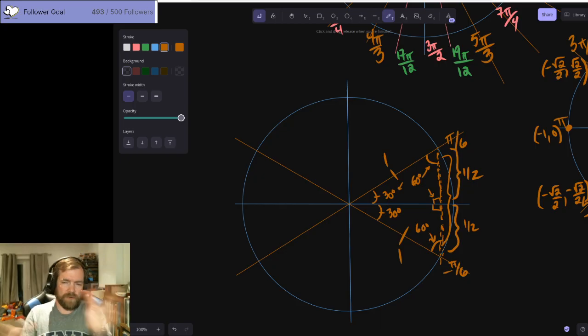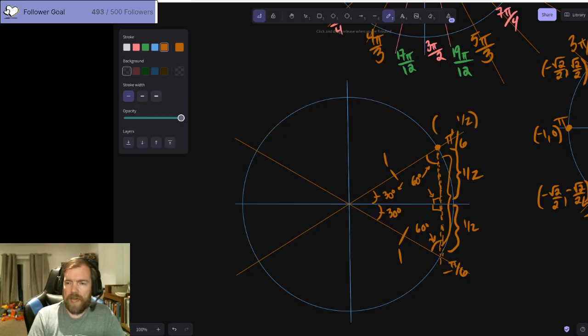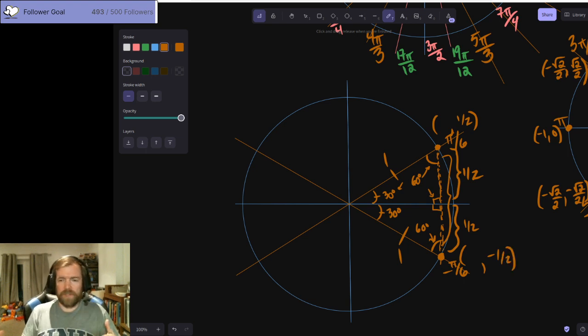Right, we could do this whole side angle side nonsense, but we don't need to. You could go either way. So this means that we've got our y distances now. Our y distance is going to be a half up top and negative a half down bottom. So then what's the x distance? We don't have that yet.